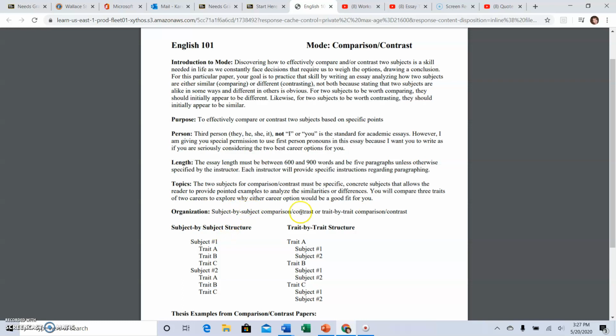Organization, you can do subject by subject or trait by trait. So let me talk a little bit about what that means. If you are comparing two careers, you would do the first career in this format and then 3 different traits. For example, if income is an important aspect of the career, aspect is another word for trait. Income, maybe the work schedule, and also, does it just fit with your personality?